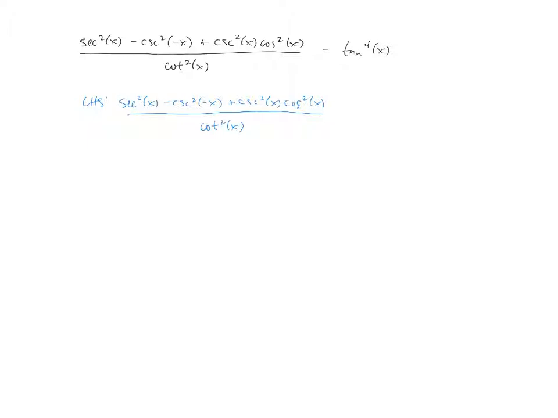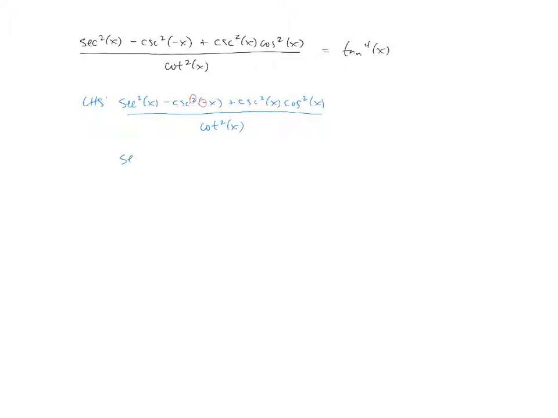And the first thing that I'd probably look at again is this negative inside of here. Now, we've got to be real careful. This is similar to one of the "you try" problems you worked a little while ago. Cosecant is odd, so the negative has to come out. But because there's two of them, the double negative cancels each other out and leaves you with the same sign as you originally started.